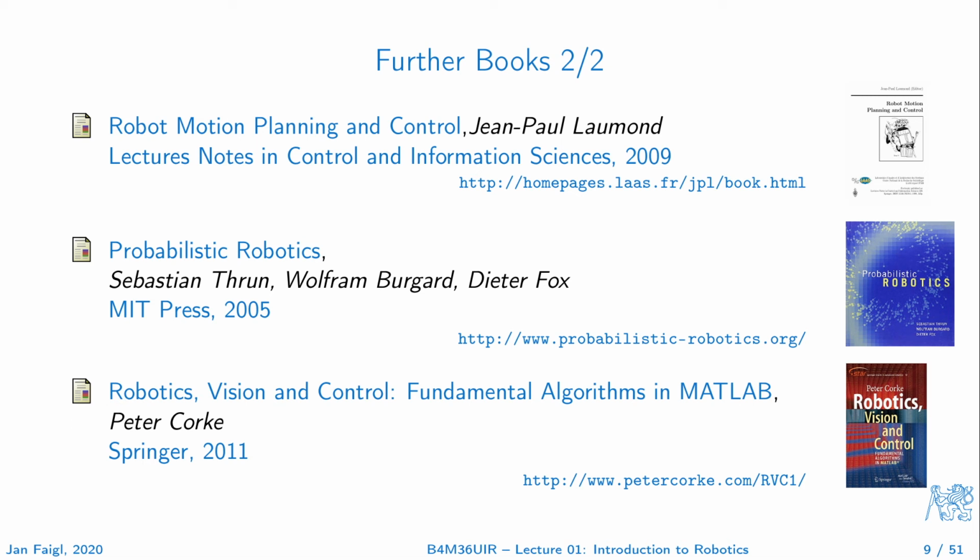Regarding the fundamental approach for autonomous robots using localization and similar topics, Probabilistic Robotics is one of the Bibles of autonomous robotics. And if you are more into vision, eventually connected with the control of robots, the textbook by Peter Corke is also worth looking at.